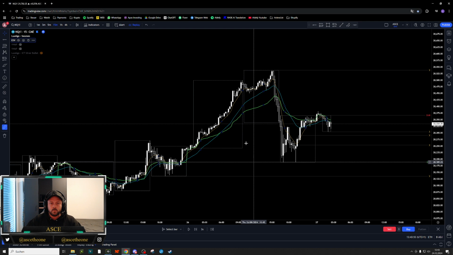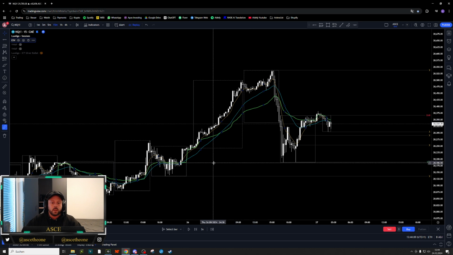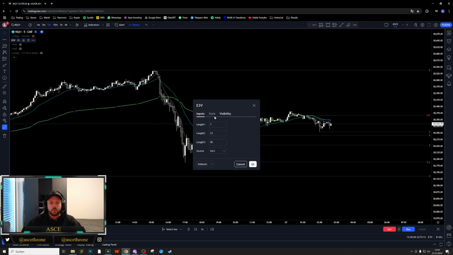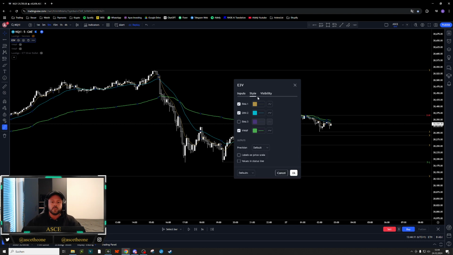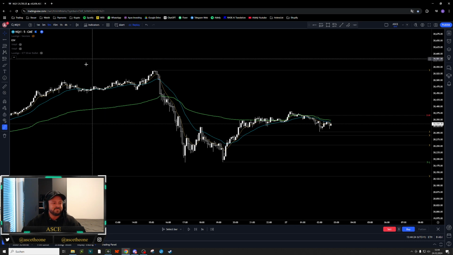Okay, so the whole name is 3 EMAs and the VWAP, okay? And you can see here the inputs. You only need number 7 and number 23. And for the style, just use yellow or something else. And you don't need the third one, and just the VWAP, okay? For the visibility, it doesn't matter.